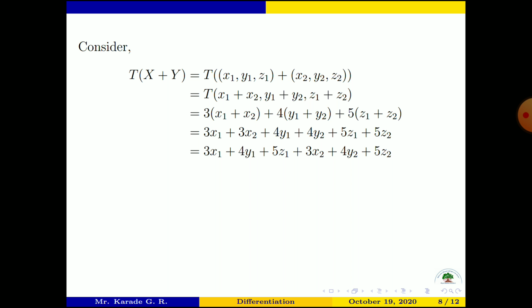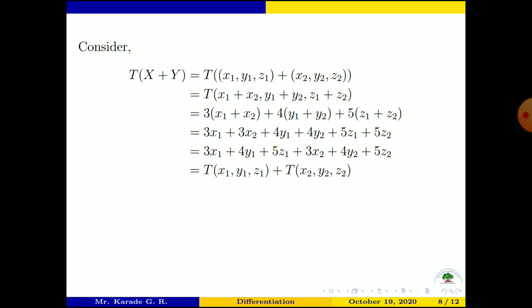The meaning of the first 3 terms is nothing but T of (x1, y1, z1), and the meaning of the last 3 terms is T of (x2, y2, z2). So the first 3 terms are the definition of T of (x1, y1, z1) plus the last 3 terms, the definition of T of (x2, y2, z2).